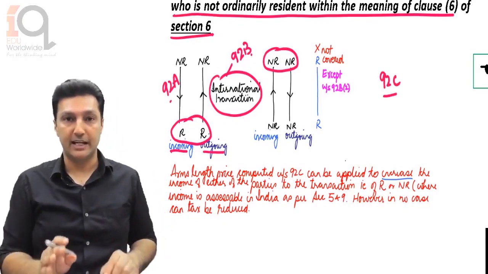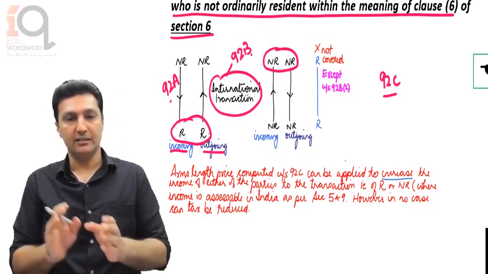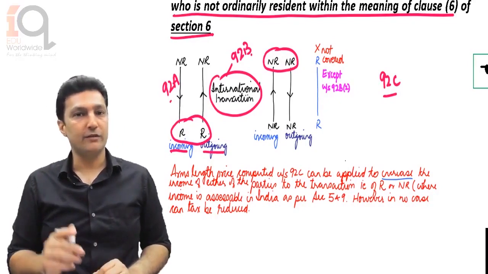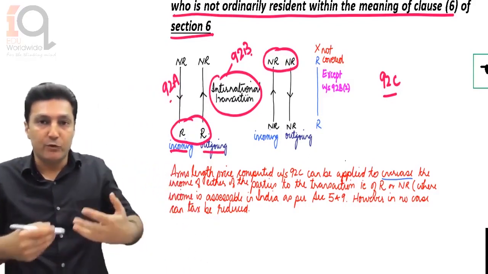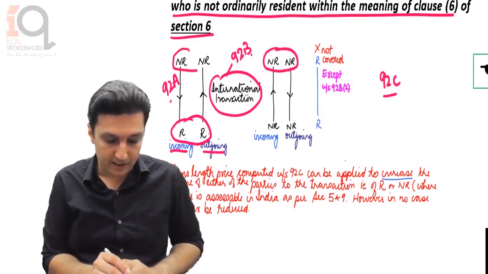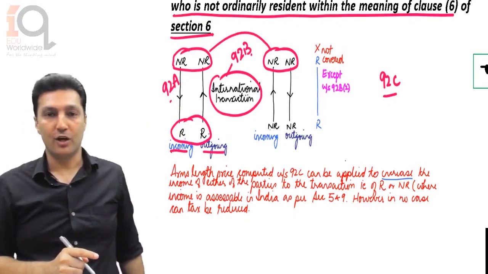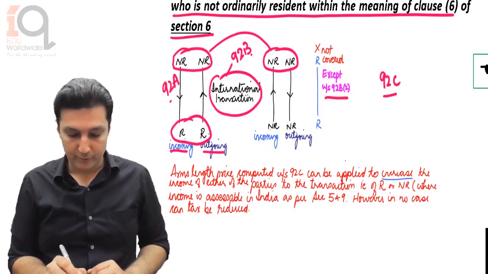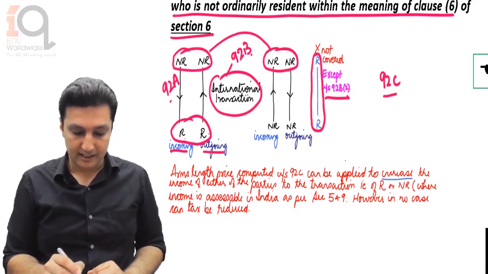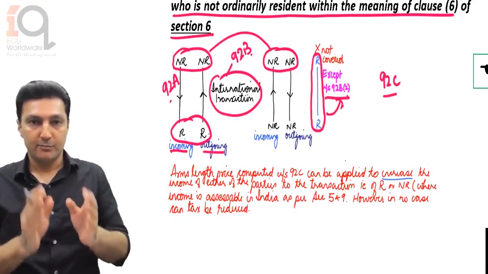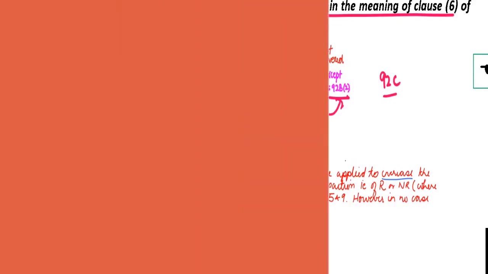So three main sections: 92A, association; 92B, international transaction; and 92C, which gives us the methods. What we will understand is these provisions are applicable where at least one of the parties is a non-resident. But of course, when we do 92B, there is one exception to the rule where both parties are residents. Even then, in one exceptional case, provisions of this chapter will be applicable. With that in mind, let's move on.